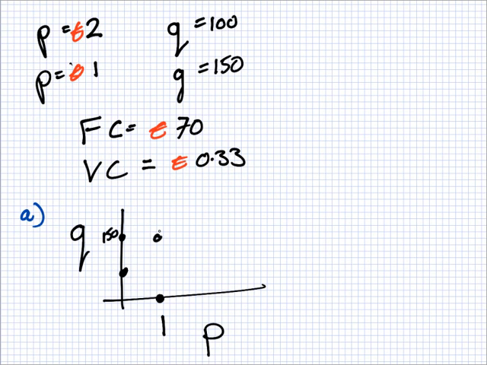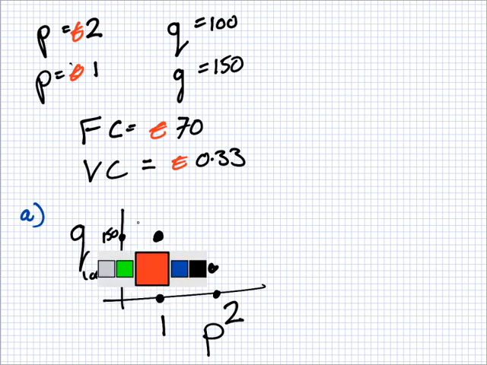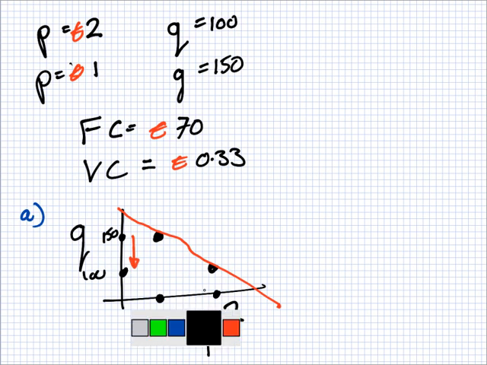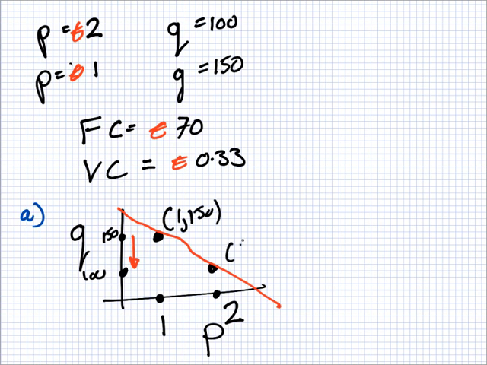So it's up here. And when P is €2, what's the quantity? 100. So that's here. This is not a surprise. The graph is going downwards. As you increase the price from 1 to 2, you lower the quantity sold. I want you to get the formula here. That's 1, 150, and this one is 2, 100.